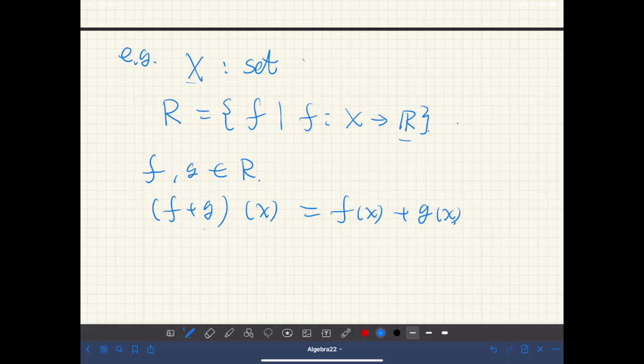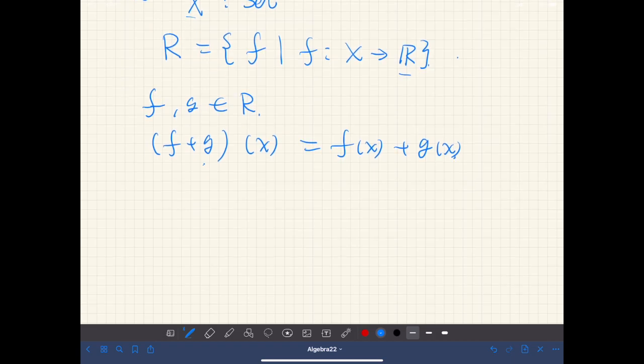Here f and g are functions, and on the left hand side, f plus g is the addition between two functions. We are trying to define this addition by the right hand side.